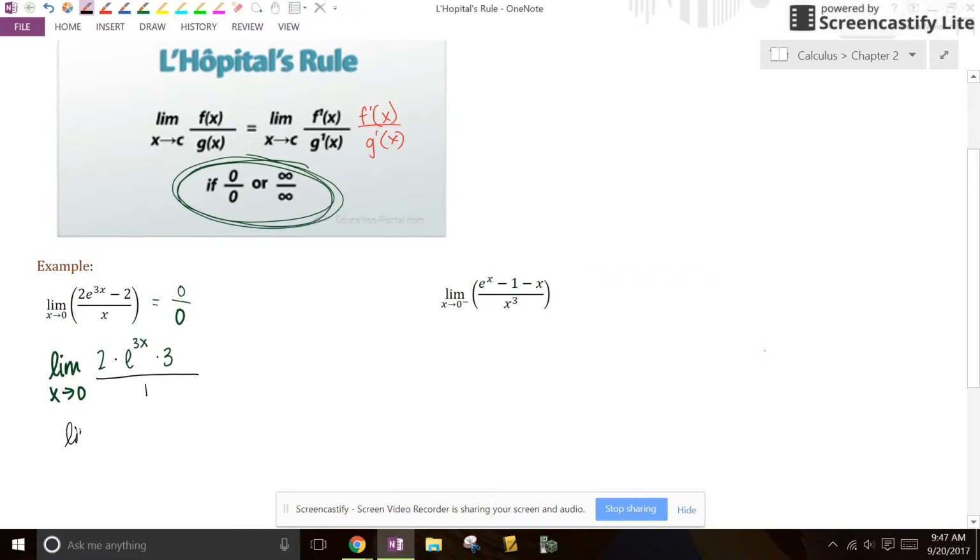And so the limit as x heads to 0 of, what is that, 6 e to the 3x all over 1. What is that limit? Well, if you plug in 0, you get 6 e to the 0. This is 1. So you get 6. So the limit is 6.